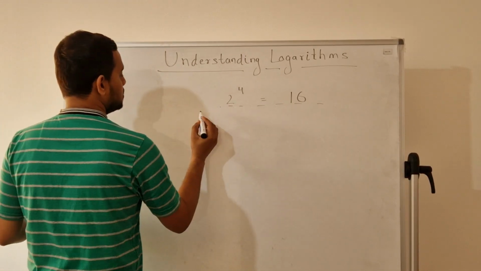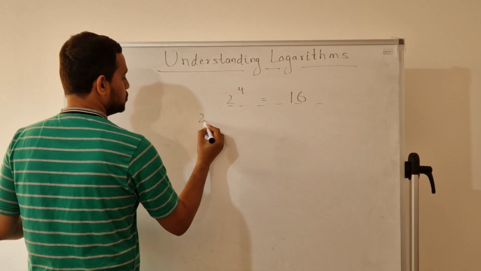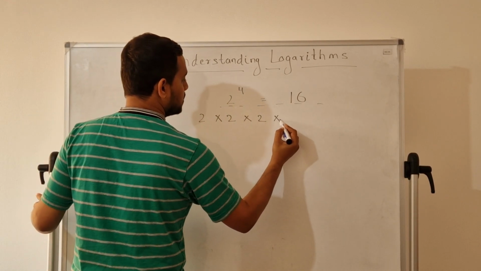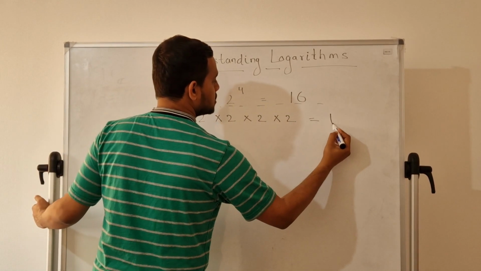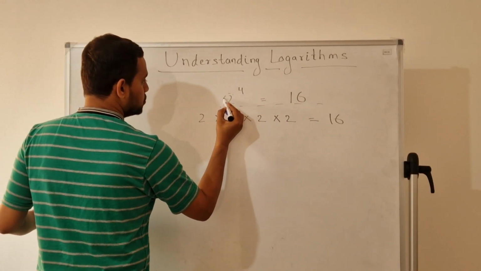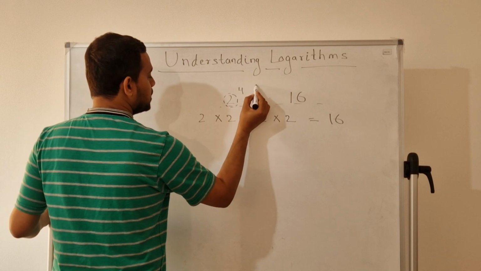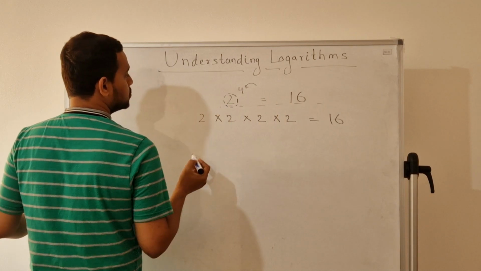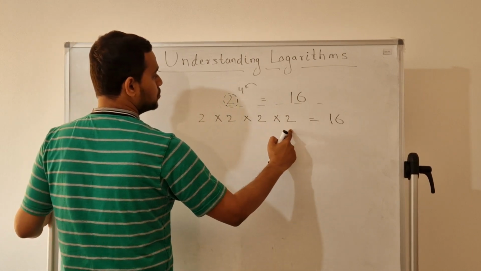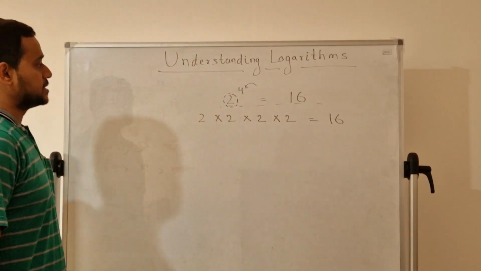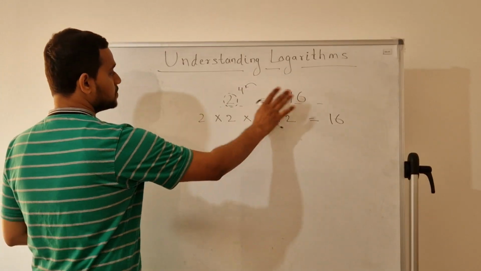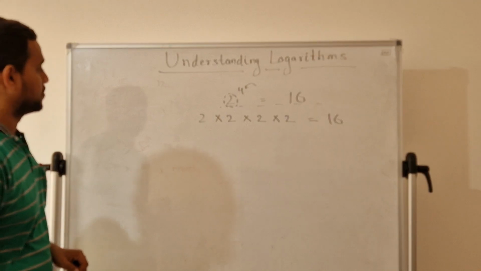This means 2 multiplied by 2 multiplied by 2 multiplied by 2 becomes 16. In a way, you have taken 2 and multiplied it with itself 4 times. 2 into 2 into 2 into 2, and the result that you get is 16. We haven't talked about logarithms so far. All this is about exponents. Make sense?